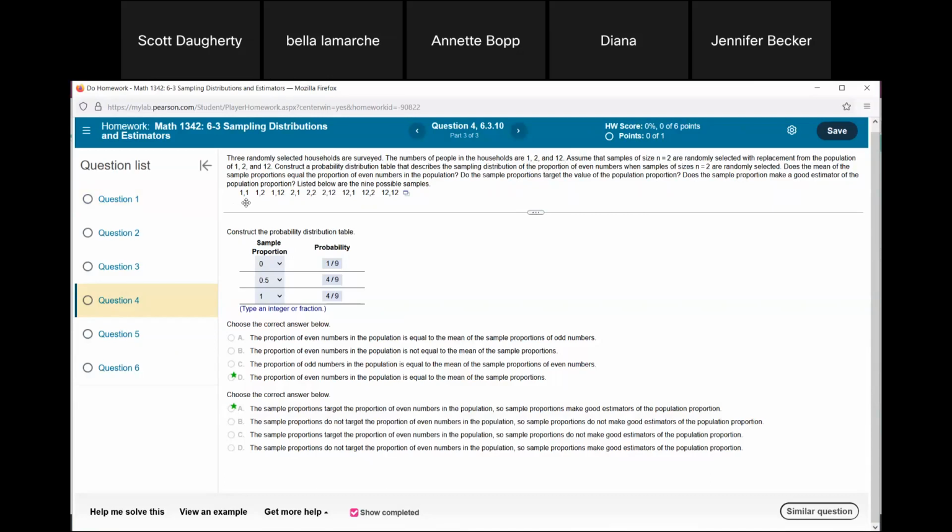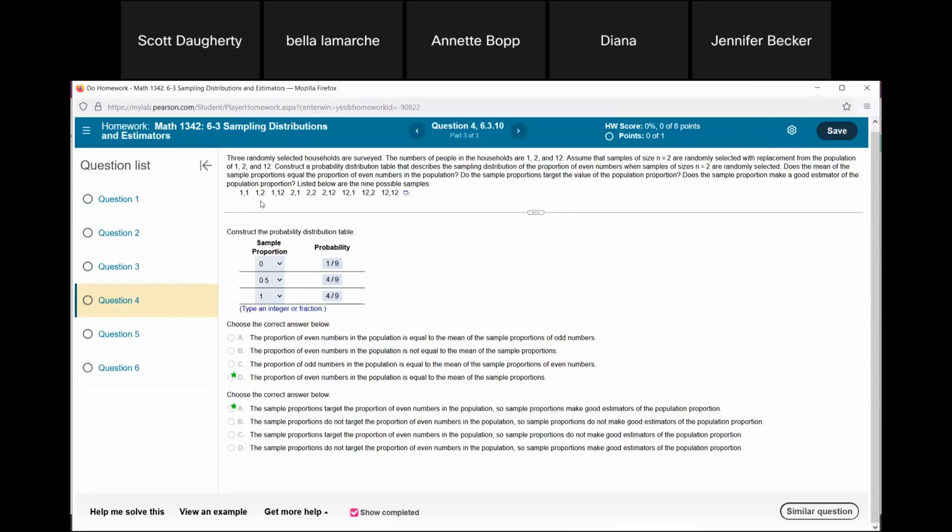And these are the possible samples of size 2 you could get when you randomly pick 2 with replacement. And then you're going to look at how many of these are even, what proportion of these are even as a sample from the sample. So the first sample, none of them are even, right? So that would be 0 out of 2. Second one, 2 is even, right?